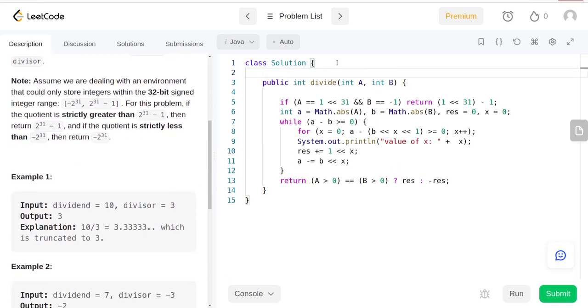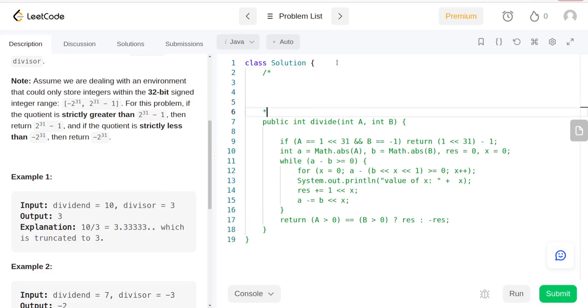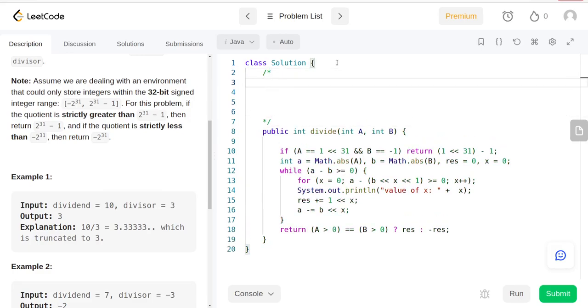The algorithm is like that we need to reconsider how we divide numbers. So let's say we are dividing 10 divided by 3. Normally you can think of it as adding 3 again and again until it is less than 3.